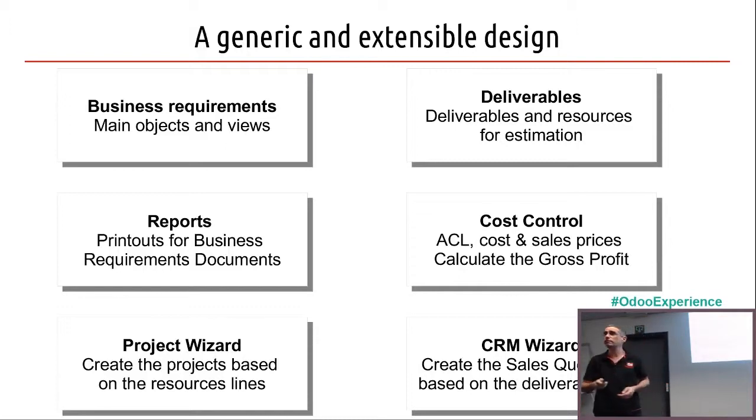That means as well that contributions are welcome. If at some point you need to add a new wizard, or you need to add issues, for example, related to business requirement, or you need to add some additional fields, well, it's extensible like any module in Odoo.